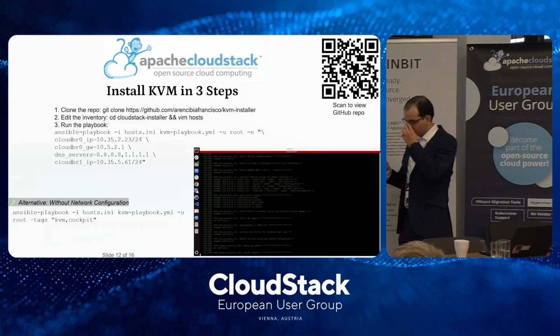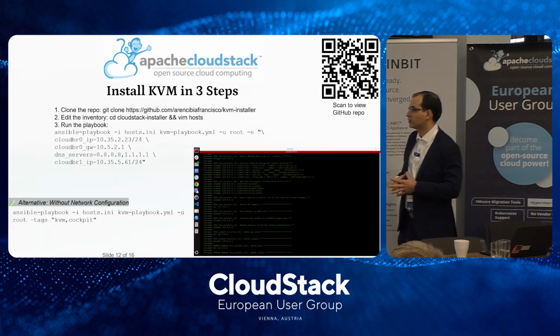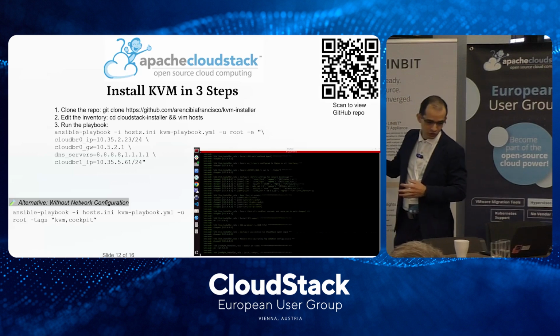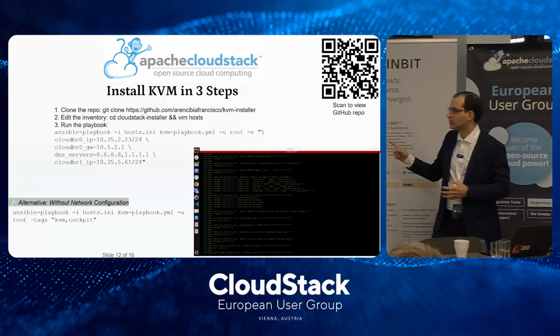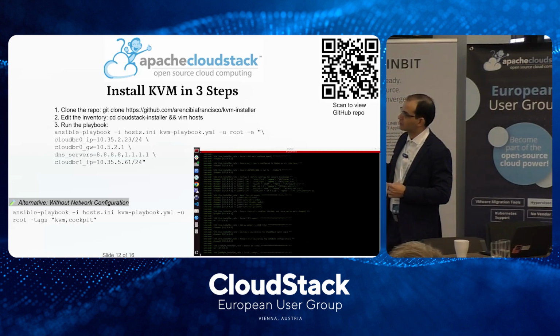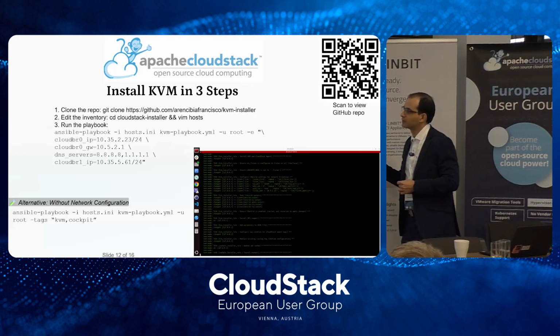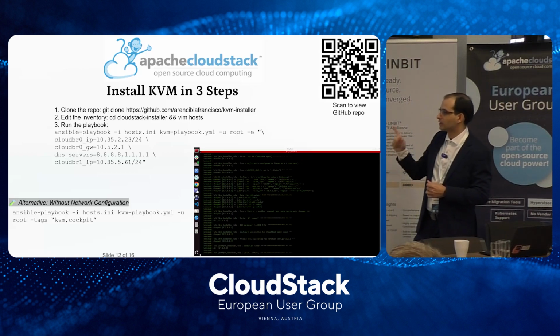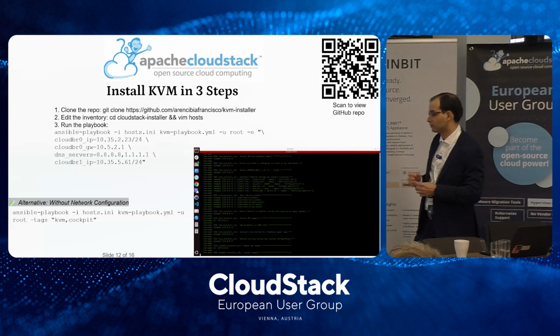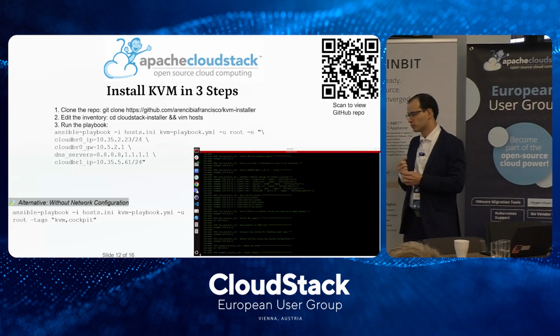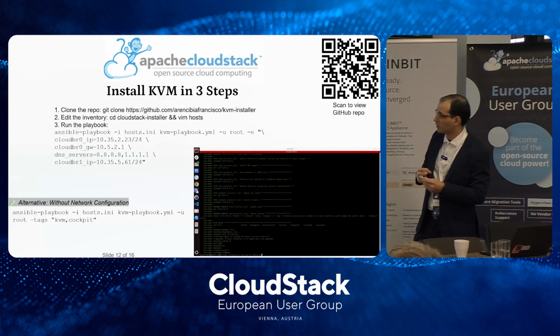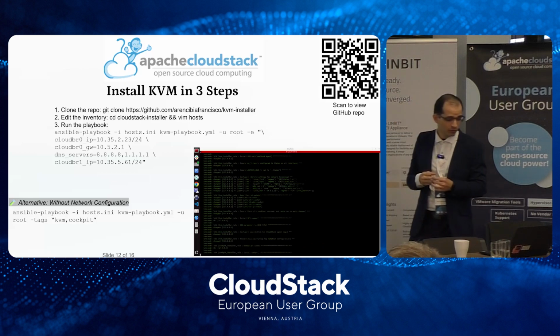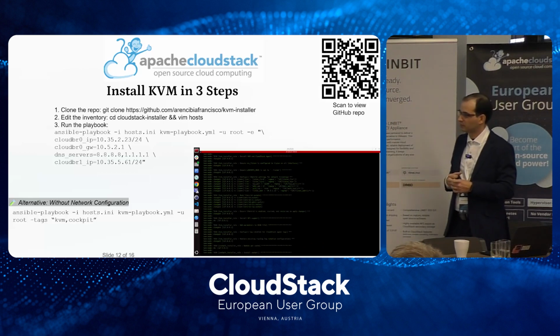I'm not going to explain this now because the time is not enough, but you will need in each hypervisor at least 2 NICs, and you will need a bridge, cloudbr0. In our case, we use it for management and guest, and cloudbr1, we use it for storage.